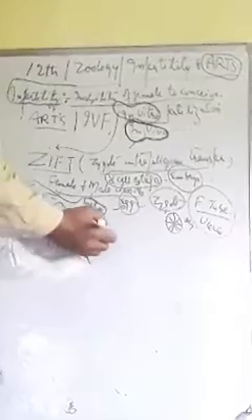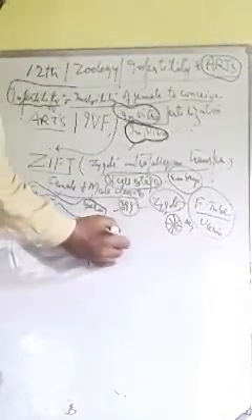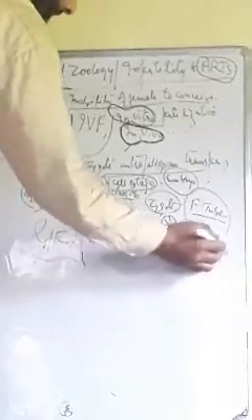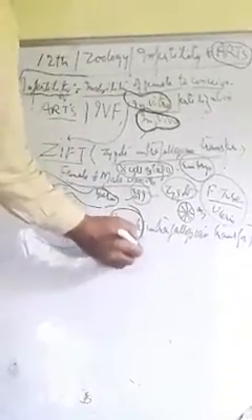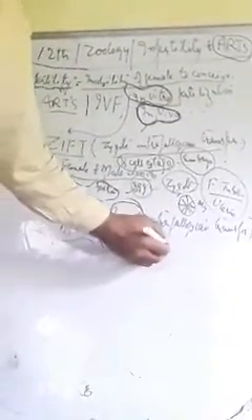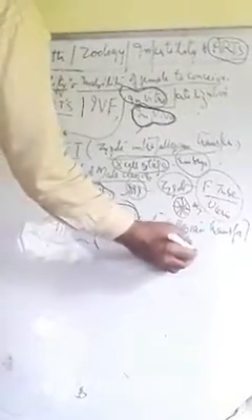In vivo fertilization, there is a technique which is known as GIFT, G-I-F-T. By the term GIFT we mean gamete intrafallopian transfer. Gametes are transferred, not zygote, not early embryo, but the gamete is transferred into the fallopian tube. फallopian tube में gamete transfer किया जाता है.